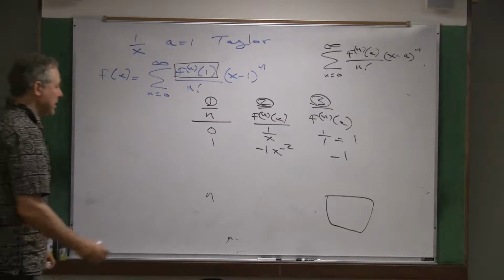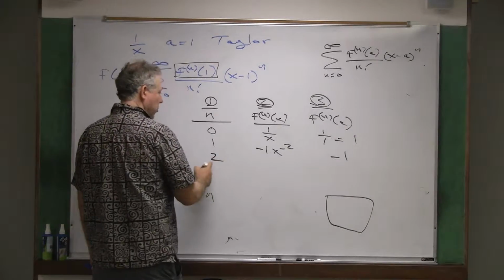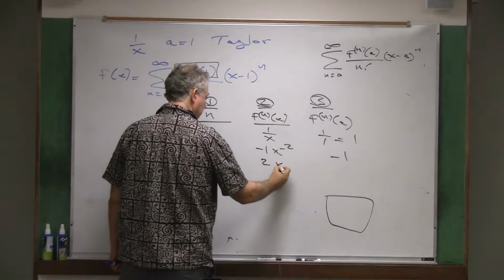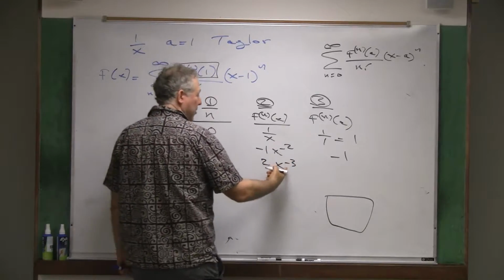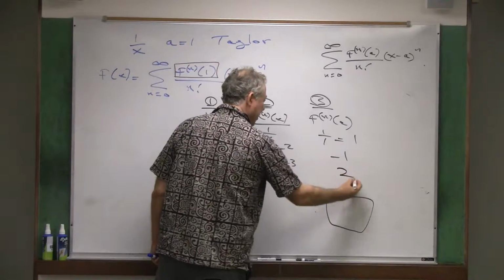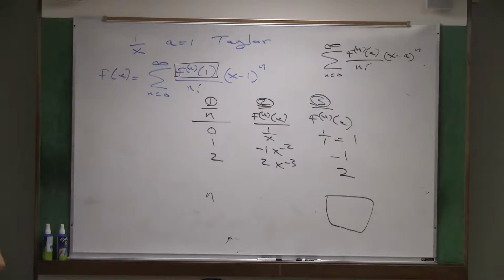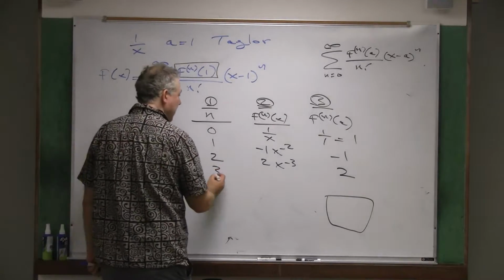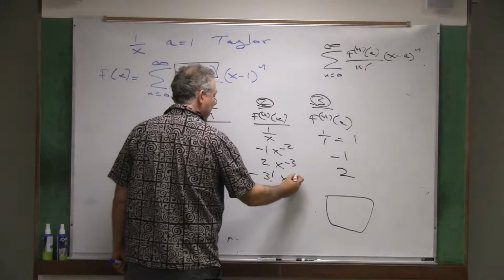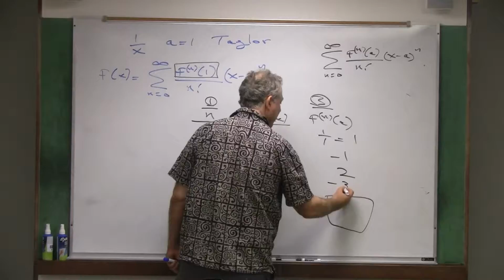Now it's the next derivative, n equals 2, the second derivative. It's going to be positive 2 x to the minus 3. Every time you plug in, you just get a 1 there, so it just becomes 2. This is not a hard pattern. Now for 3, negative 3 factorial x to the minus 4, so minus 3 factorial.